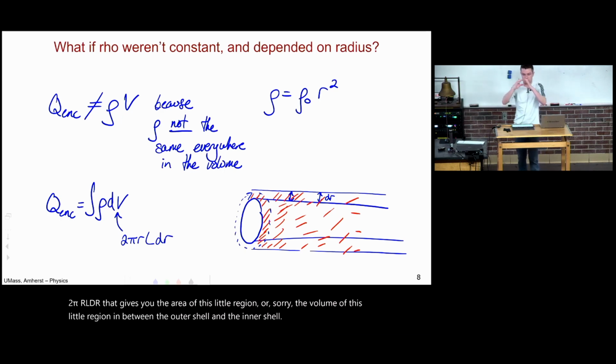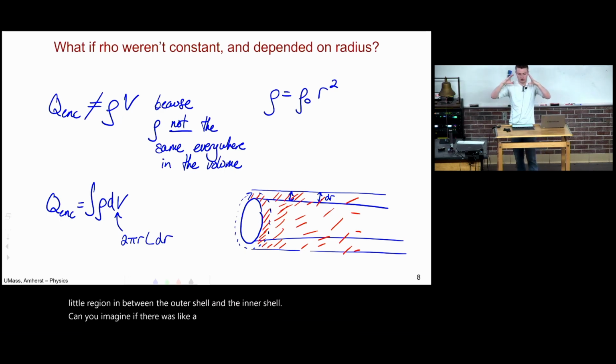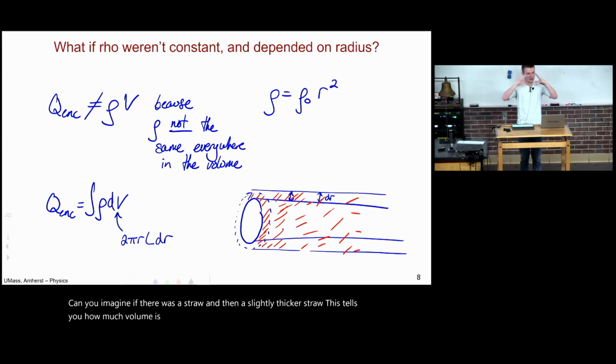You imagine if there's like a straw and then a slightly thicker straw, this tells you how much volume is enclosed in between those two.